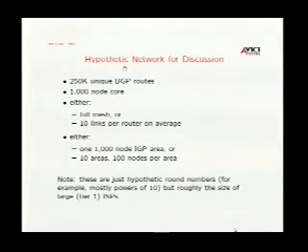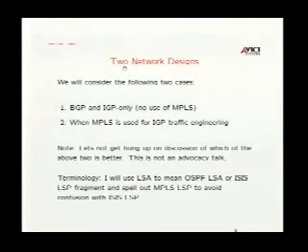And if you're doing areas, 10 areas with 100 nodes per area. Again, this isn't anybody's network. This is just on the scale of some of the tier 1 ISPs. Whether they have 40, 70, or 120 routers doesn't make a whole lot of difference.